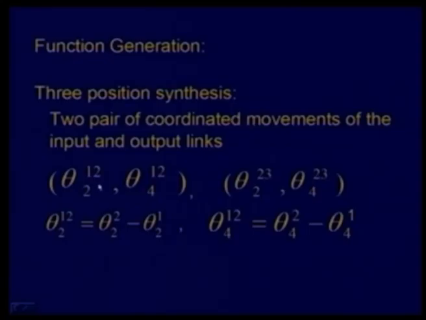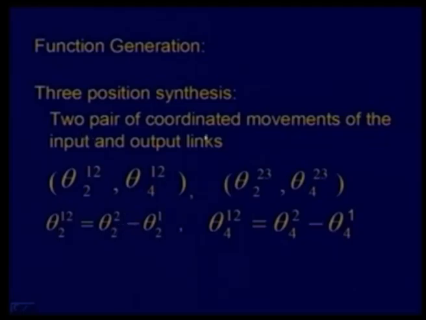Now, let us look at this superscript. What we say, theta 2 1 2, that is the change in the value of theta 2 from position 1 to position 2. That is, theta 2 1 2 is nothing but theta 2 2 minus theta 2 1. The superscripts 1 and 2 refer to the 2 configurations 1 and 2.